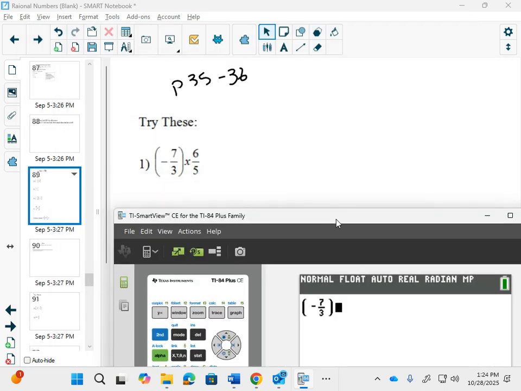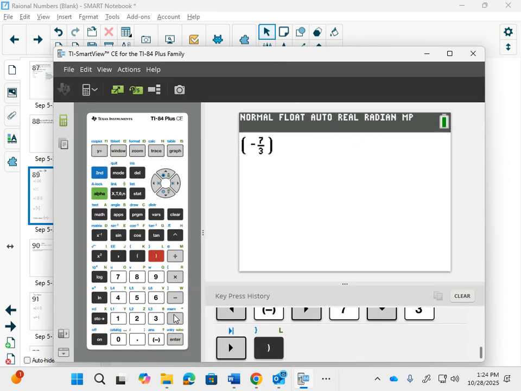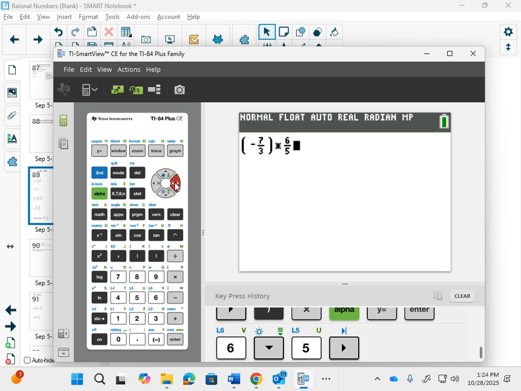I'm writing it exactly as I see it, times by, and then another fraction, 6/5. So again, what you want to do with your scientific calculator is you want to have the ability to write it in as exactly as you see it, and then you can push enter, and we get -14/5.